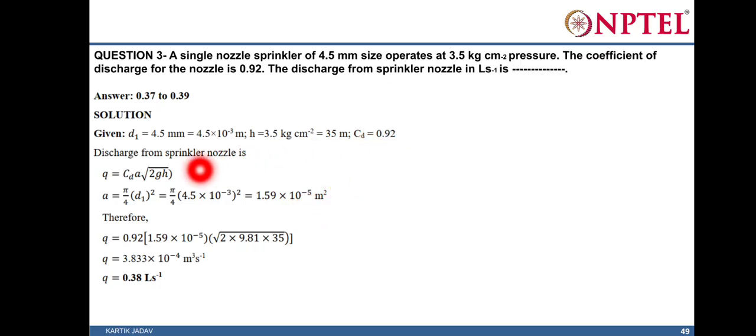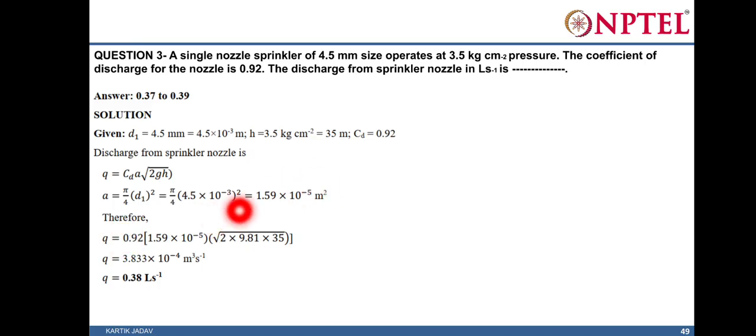Now let's put it into the above equation of Q. So CD is given as 0.92, A that we have identified, and 2 times gravity, that is 9.81, and H is given as 3.5 kg per centimeter square. Then the final answer is 0.38 liter per second.